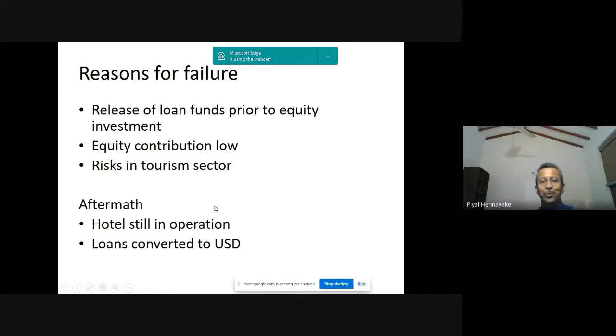Even now, because of COVID, the tourism sector is the worst affected and still cannot come out of that. Hotels still in operation, they made another mistake. I think that my DJ, who is HNB chairman, helped them to convert to USD, and then your exposure goes up with the dollar appreciation.